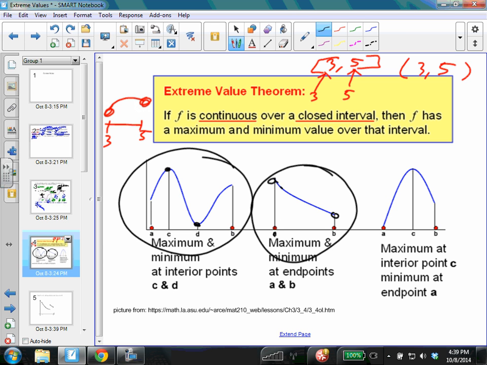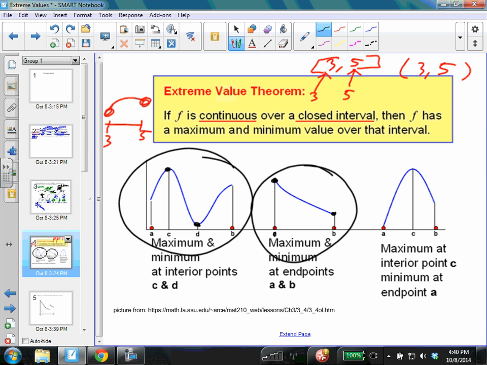You could get closer and closer and closer to A, but you can never reach any point where you absolutely touched it and finally got there, right? So a maximum wouldn't be available in this case. But since it's a closed interval, right, from A to B, then we can actually get to this point. And so there is absolutely a maximum at A, and there is a minimum at B.